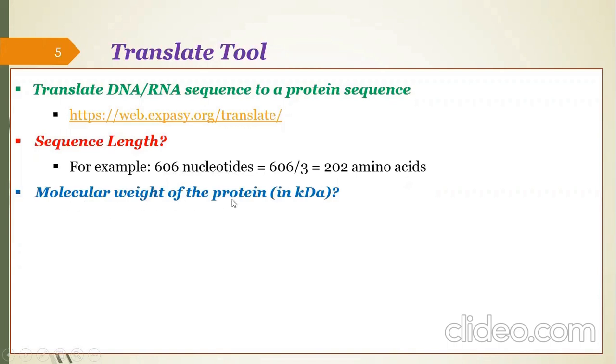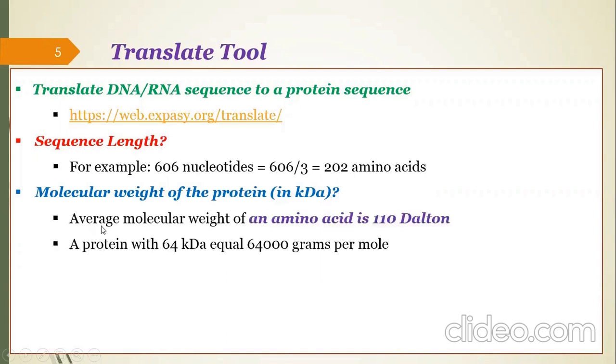And what about the molecular weight in kilodaltons? An average molecular weight of an amino acid is 110 daltons. So you should keep in mind that an amino acid weighs about 110 daltons. So a protein with 64 kilodaltons equals 64,000 grams per mole.